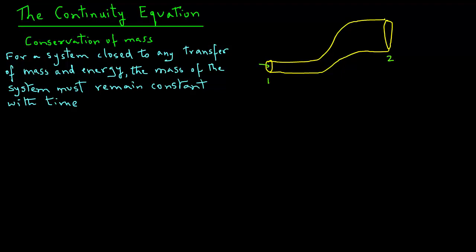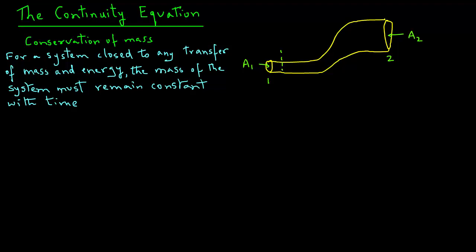And let's say that the cross-sectional area on the left-hand side is A1, whereas the cross-sectional area on the right-hand side is A2. Let's assume, first of all, that we have steady flow and also that there is no leakage from the pipe surface.